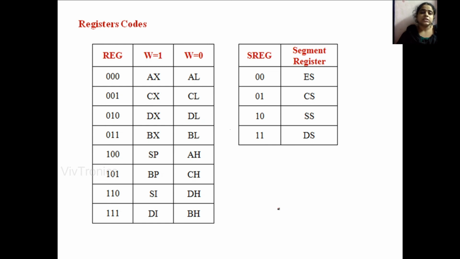And these are the register codes, and here you can see we have the REG field for W equal to 1. If the combination is 0 0 0, then the register is AX, and if the combination is 0 0 1, the register is CX. W equal to 1 stands for a 16-bit register, as we have seen, and W equal to 0 is for an 8-bit register, so AX and AL.